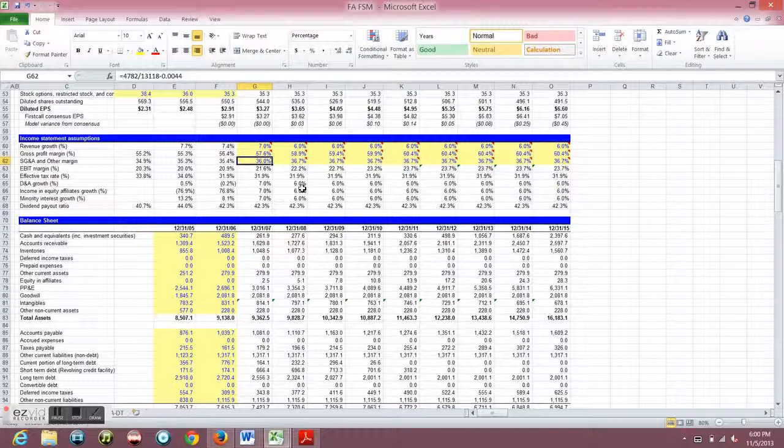We're just using that because we don't have enough information to find out exactly what portion of this is other. That's why we're going to do minus 0.0044 for all of them.